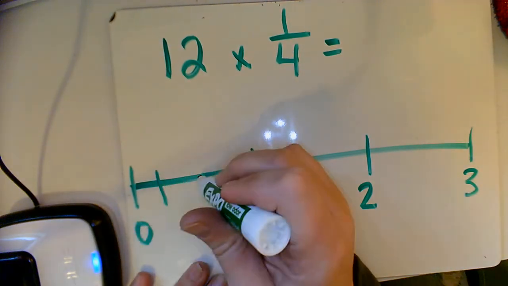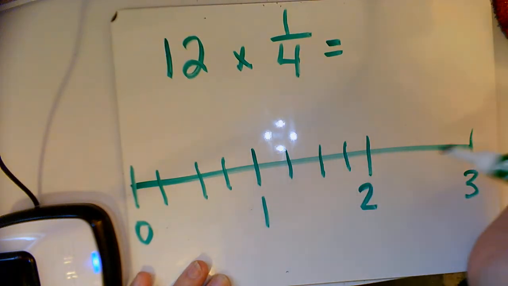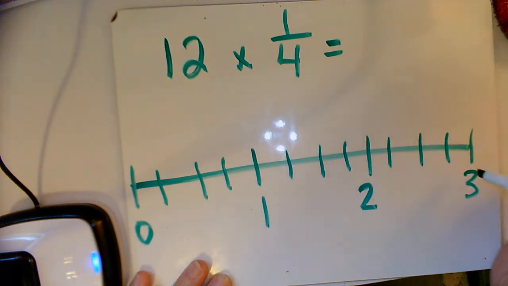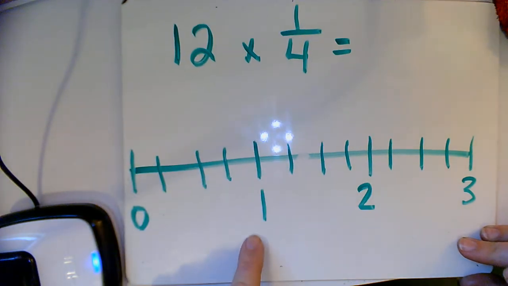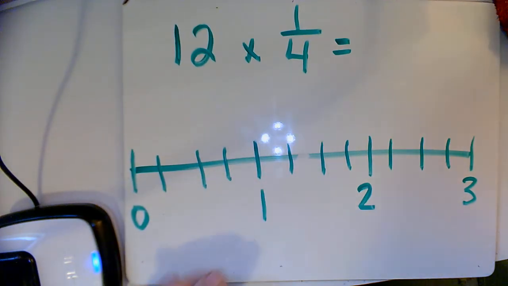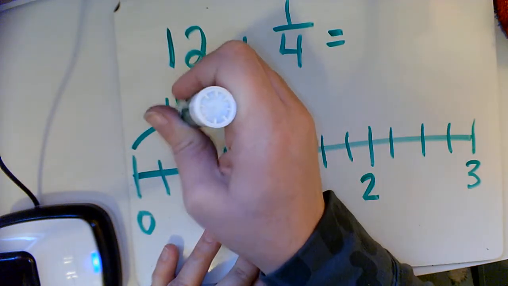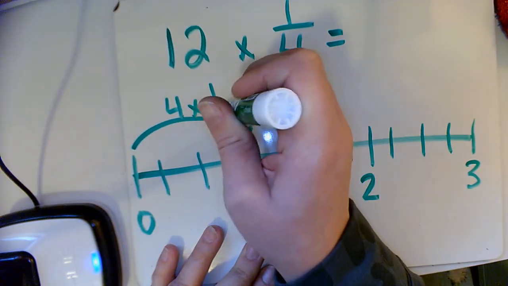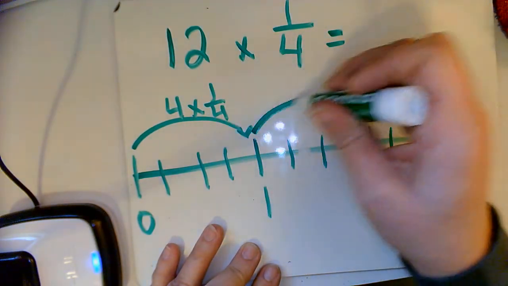So there's 1, 2, 3, 4, 1, 2, 3, 4, 1, 2, 3, 4. Because how many fourths do I need to make 1? I need 4. So if I went from 0 to 1, that would be 4 times 1/4. And I need 12. So there's 4.